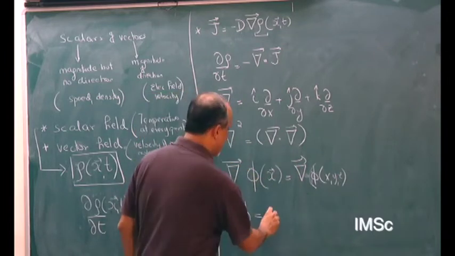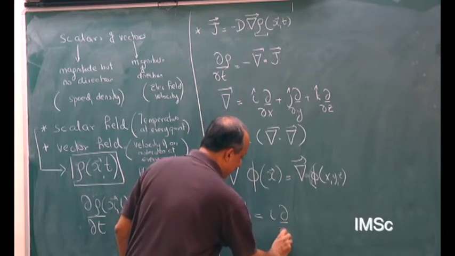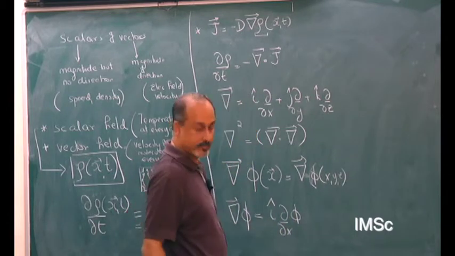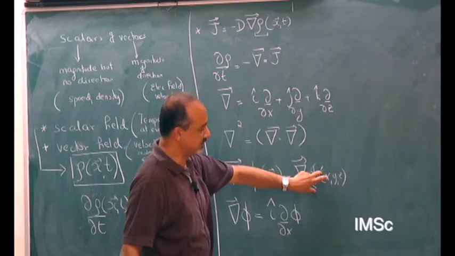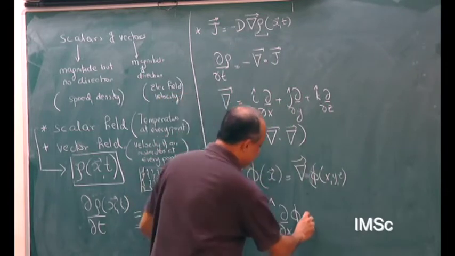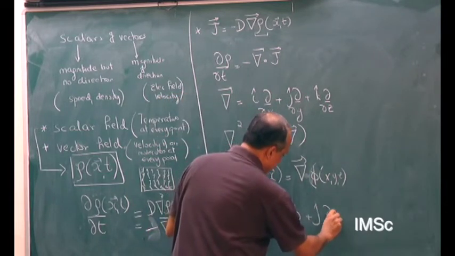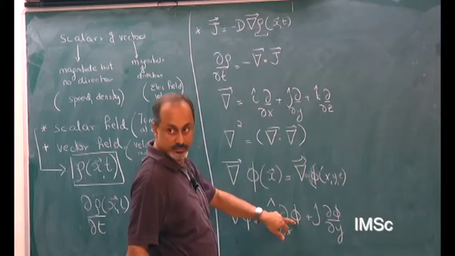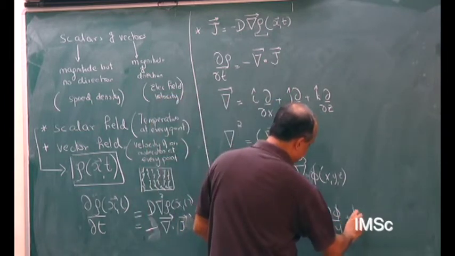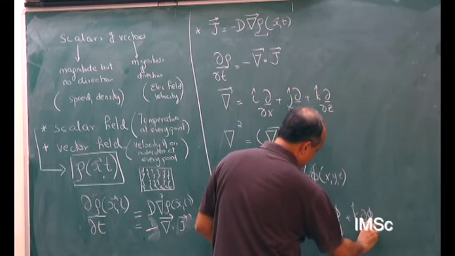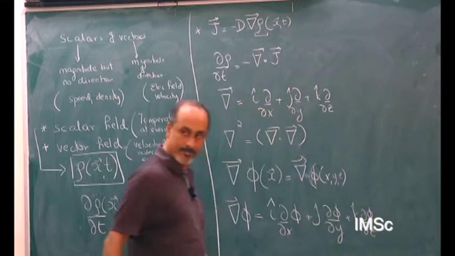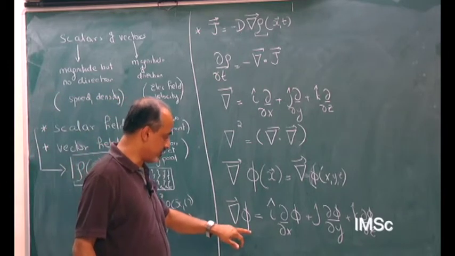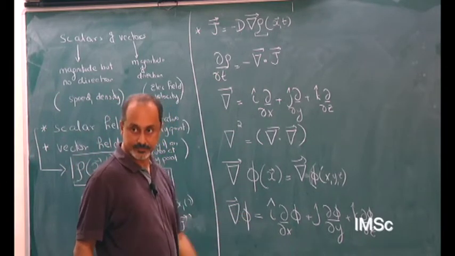The first term is i, the unit vector, times delta phi by delta x. That is this part operating on the phi. The second part is the j vector times delta phi by delta y. The third is the k vector times delta phi by delta z. Okay, so that's how I take this operator and operate it on a scalar to get a vector.